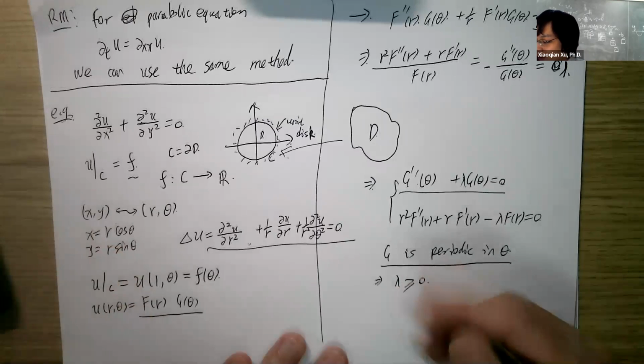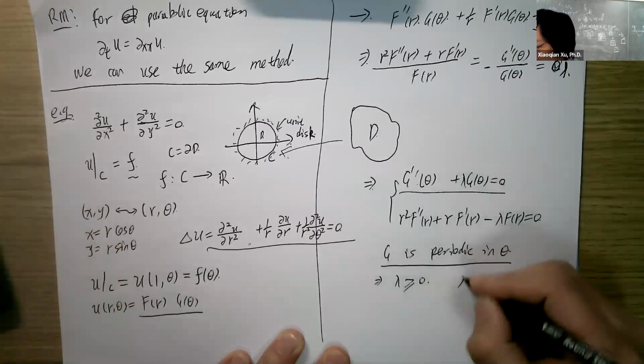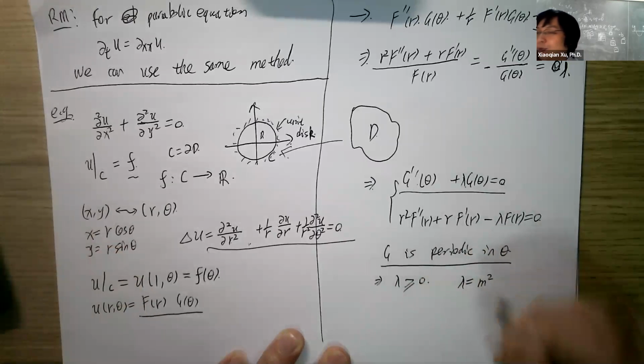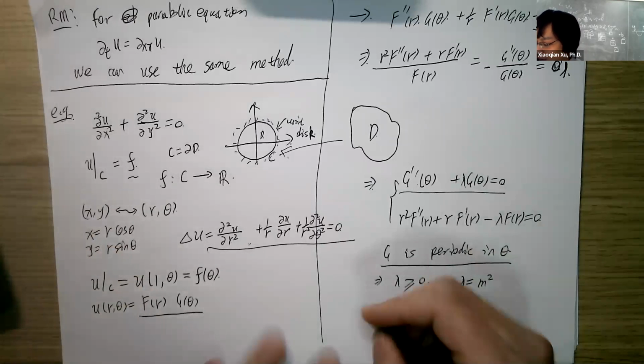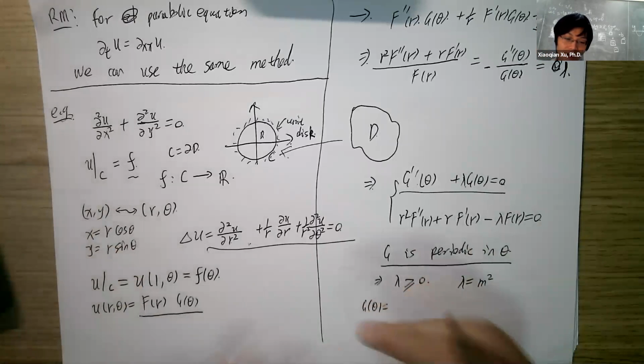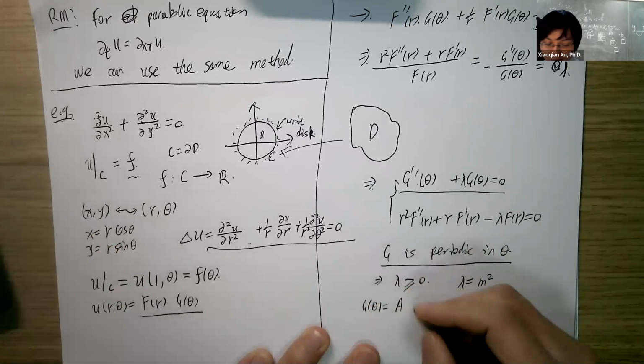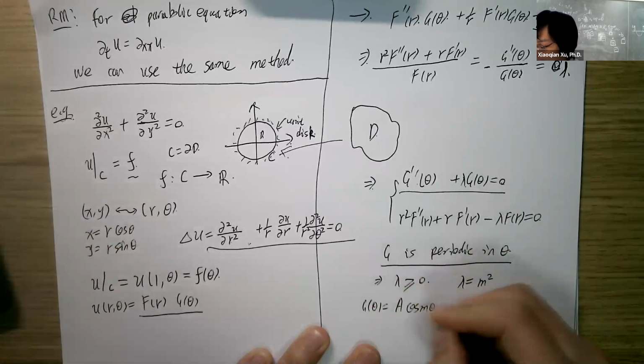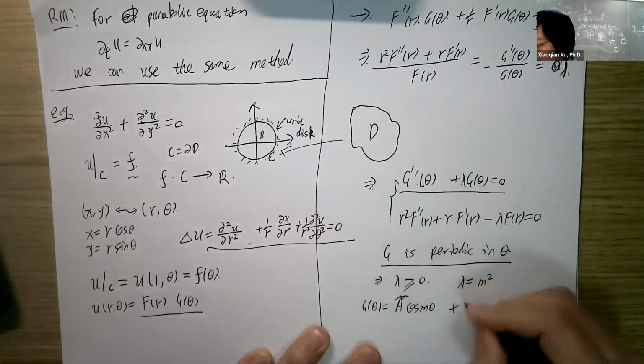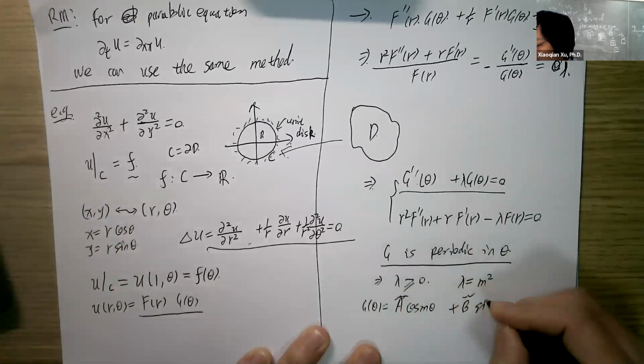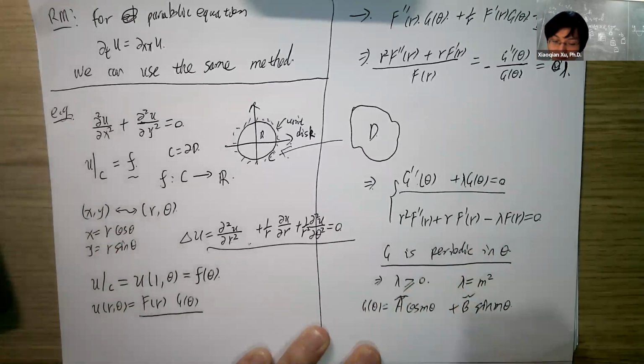Then lambda is again m squared. Let's call it m squared. So you have g theta is a tilde times cosine m theta plus b tilde sine m theta.